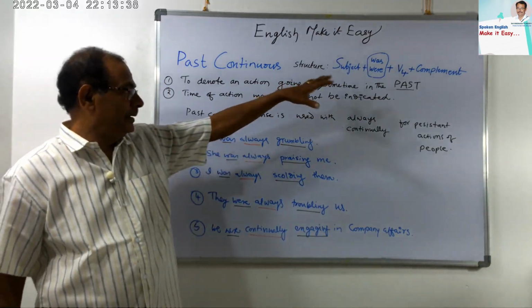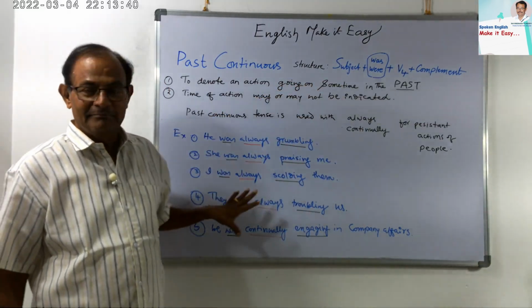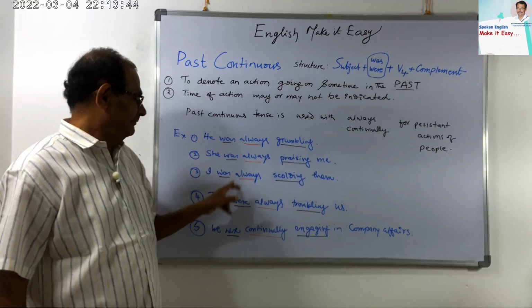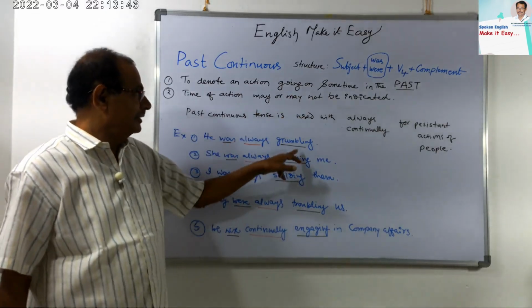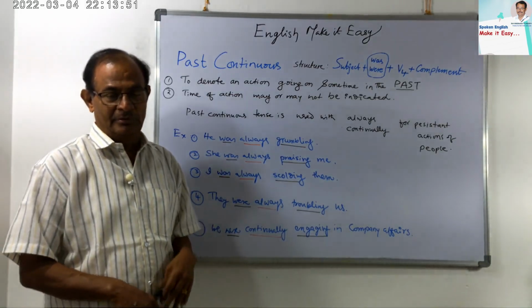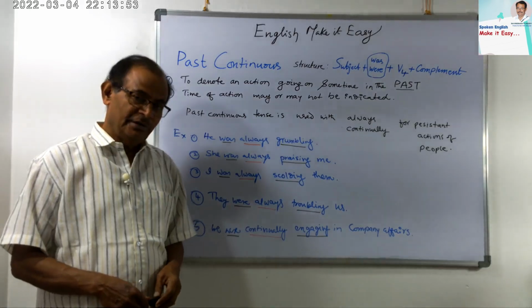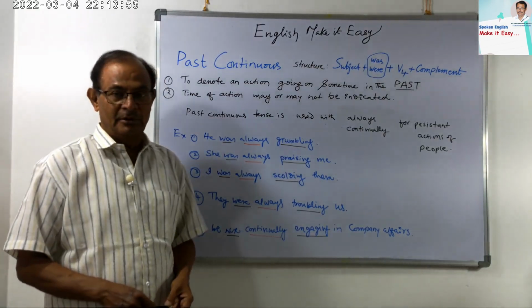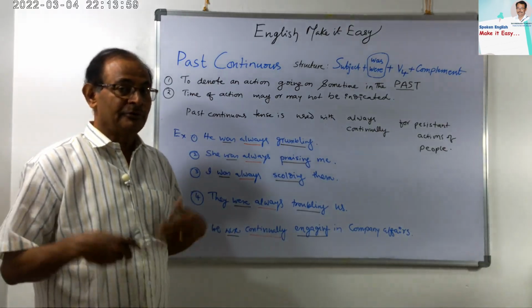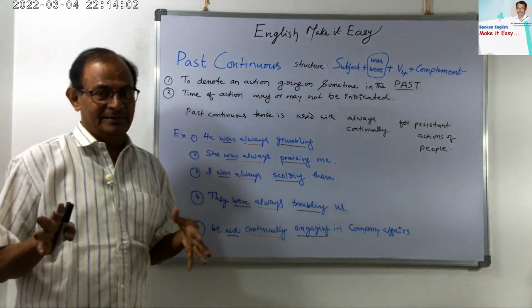Don't call them just ing forms, that is wrong. They are present participles, also called V4 forms. If you apply the structure here, it suits very well: subject, was or were, V4, and time clause, which may or may not be there. You can have a time clause, or you need not mention it. It is your wish. If you want to have it, you have it. Otherwise, forget it. No problem.